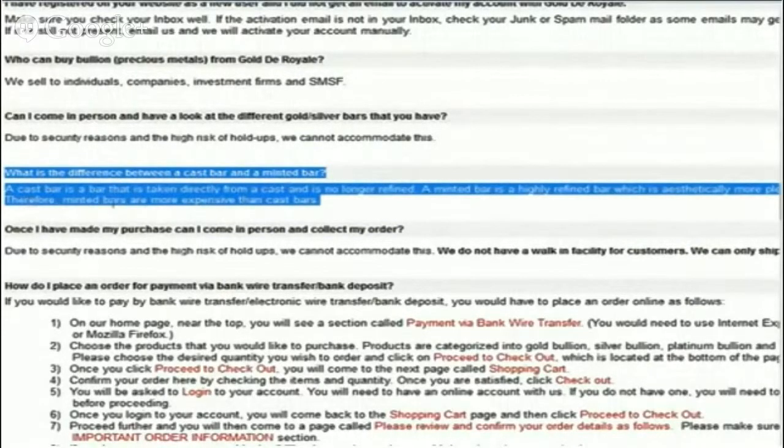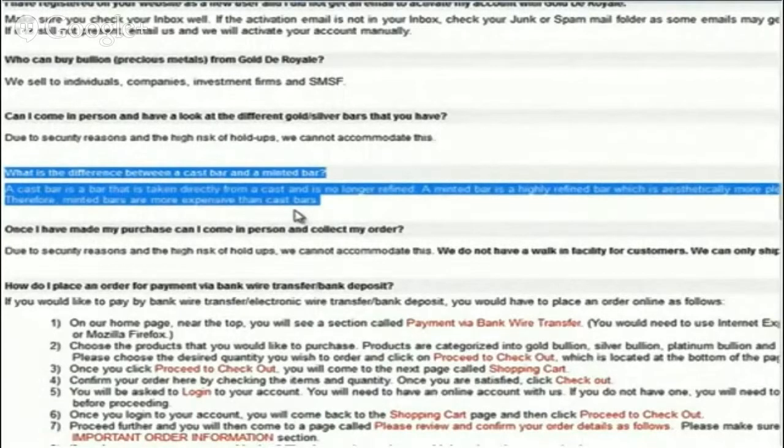A cast bar is a bar that is taken directly from a cast and then is no longer refined. A minted bar is a highly refined bar, which is aesthetically more pleasing than the cast bar, and therefore minted bars are more expensive than cast bars. An example of this would be coins.